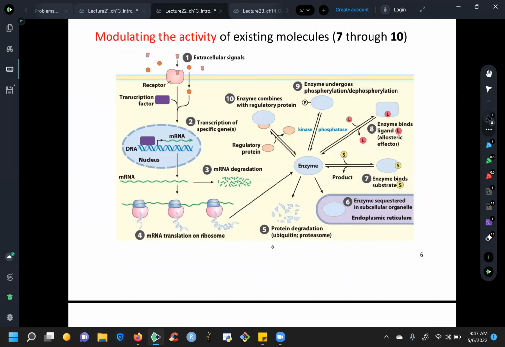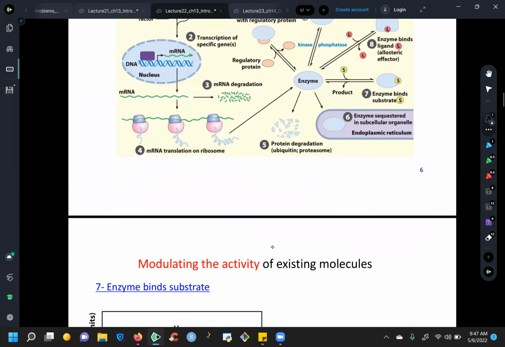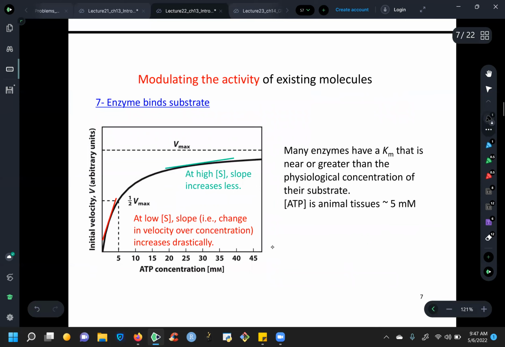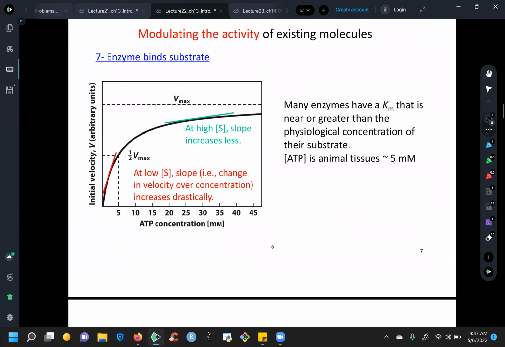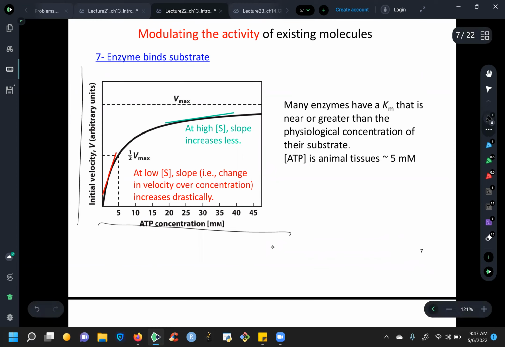Modulating the activity of existing molecules, steps 7 through 10. Modulating the activity of existing molecules, enzyme, substrate. Enzyme binds the substrate. Here on the x-axis we have ATP concentration, and on the y-axis we have the initial velocity. At low substrate concentration, over here, the change in velocity over concentration increases drastically. When we talked about Michaelis-Menten, we discussed that.